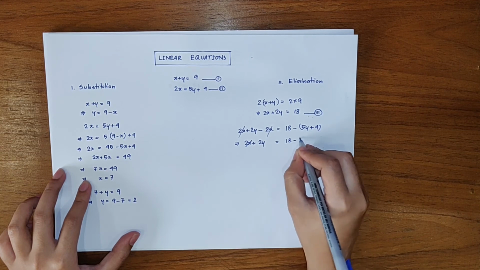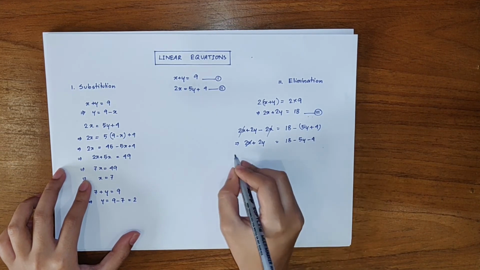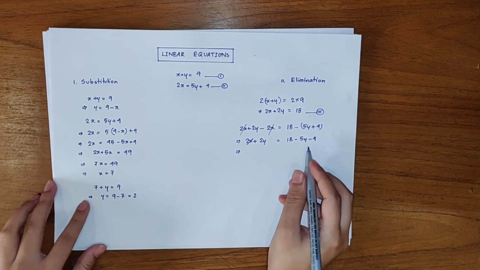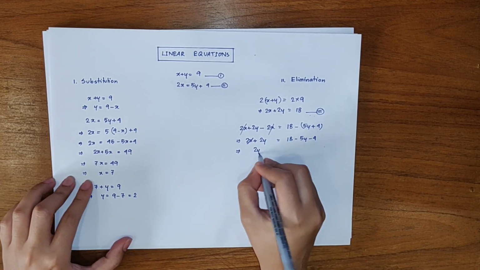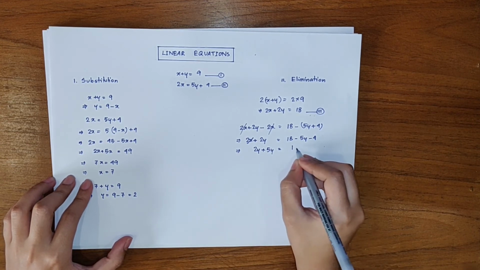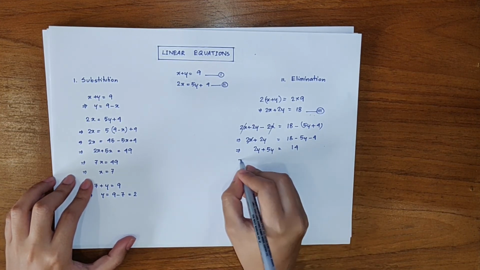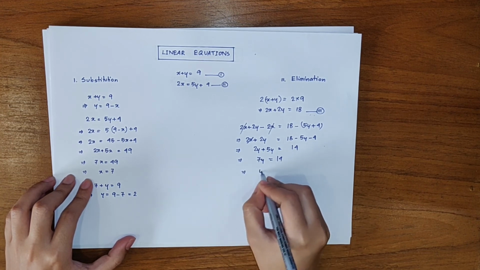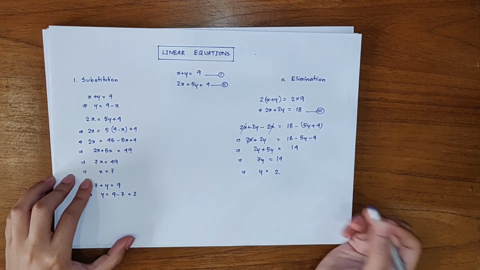And on this side we will have 5y minus 4. So the next step will be to isolate the terms. So we have 7y equal to 14. So y is equal to 2.